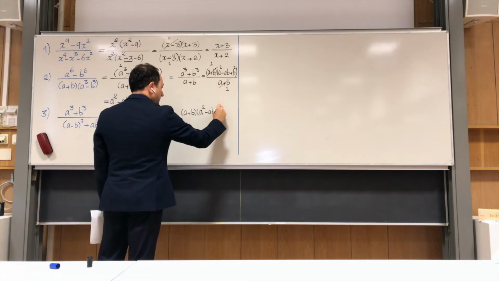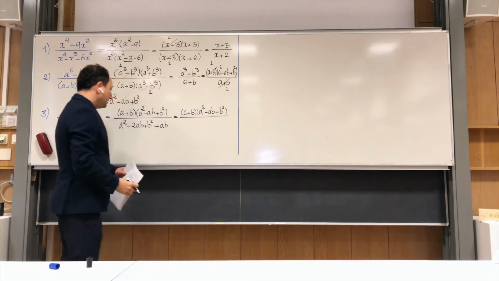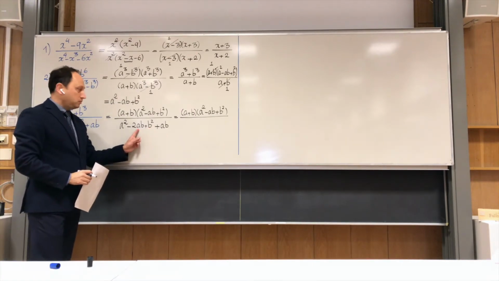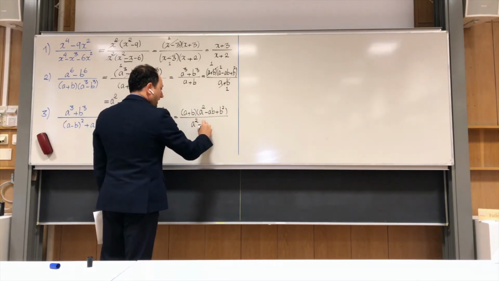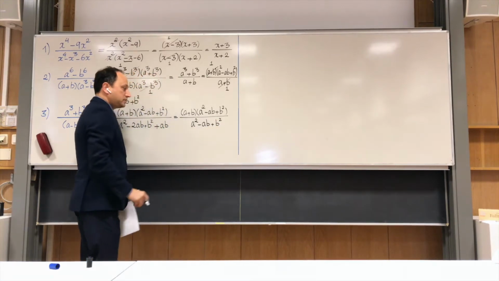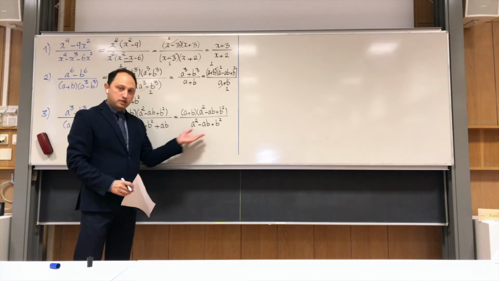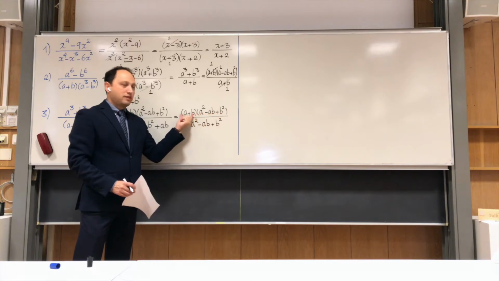But for the denominator, this one and this one can be collected into one term, minus ab. And that's good enough for me, because this would be exactly one of the common factors that I am looking for. You see, a squared minus ab plus b squared as a whole is a factor of itself, of course, and it is also a factor of the numerator, because the numerator is a product of this expression and that expression.